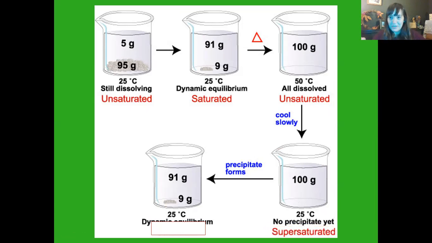That's right, supersaturated. Okay, then maybe somebody bumped it a little bit or you just let it sit over time. Some of the solute fell back out and sank to the bottom, but it's at dynamic equilibrium now. So this solution is now saturated, just like it was before. Saturated at 25 degrees Celsius with 91 grams dissolved.